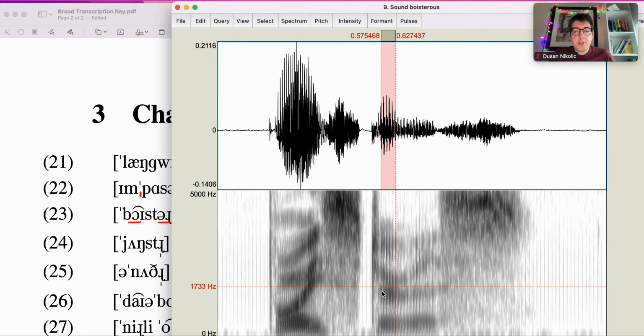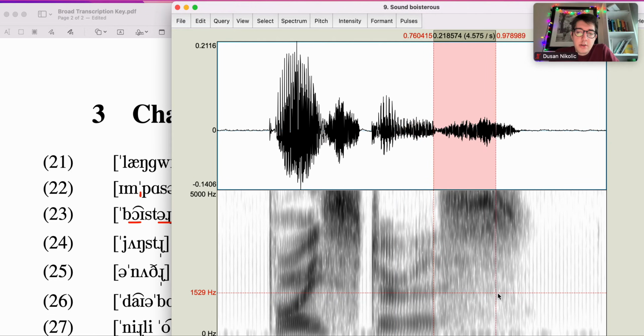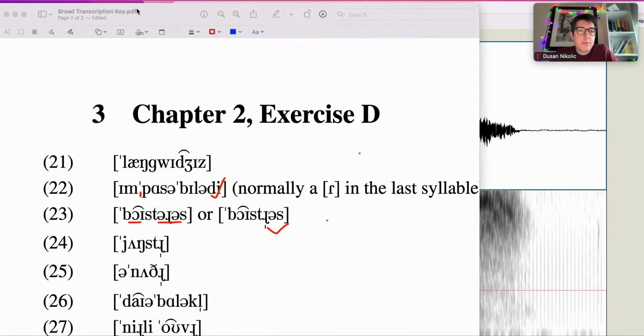This should actually be syllabic, but I'm okay because I can hear a little bit of schwa, so I'm fine with this kind of transcription. If there is no schwa, of course you have to say it's syllabic.